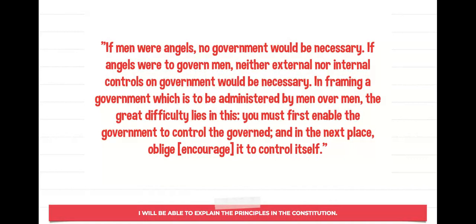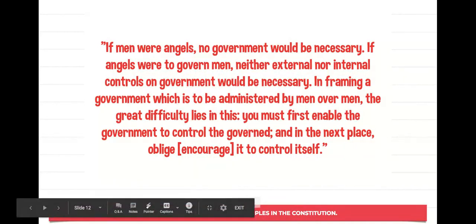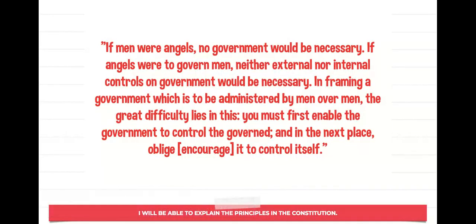In framing a government which is to be administered by men over men, the great difficulty lies in this. You must first enable the government to control the governed, and in the next place, oblige or encourage it to control itself.